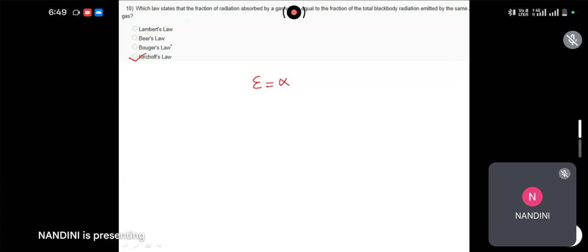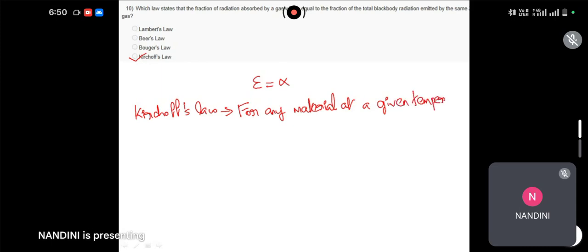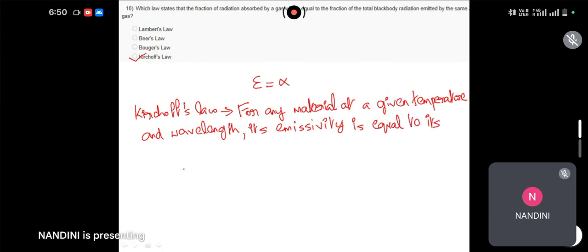The statement basically goes like this: Kirchhoff's law states that for any material at a given temperature and wavelength, its emissivity is equal to its absorptivity.